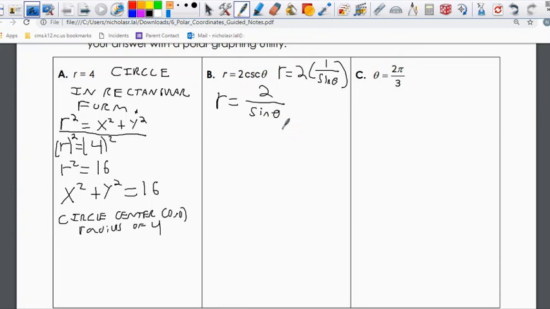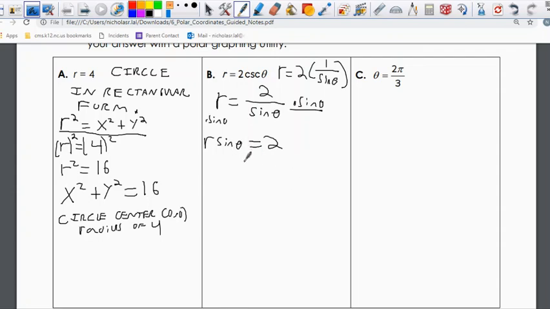All right. And then multiply each side by the sine of theta. So you multiply the left side by the sine of theta and the right side by the sine of theta. So r times the sine of theta is equal to 2. So y is equal to 2. This is a horizontal line.